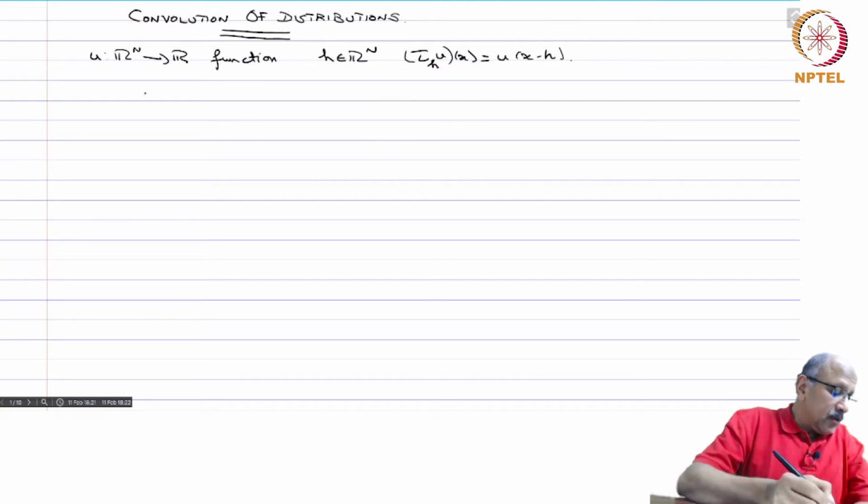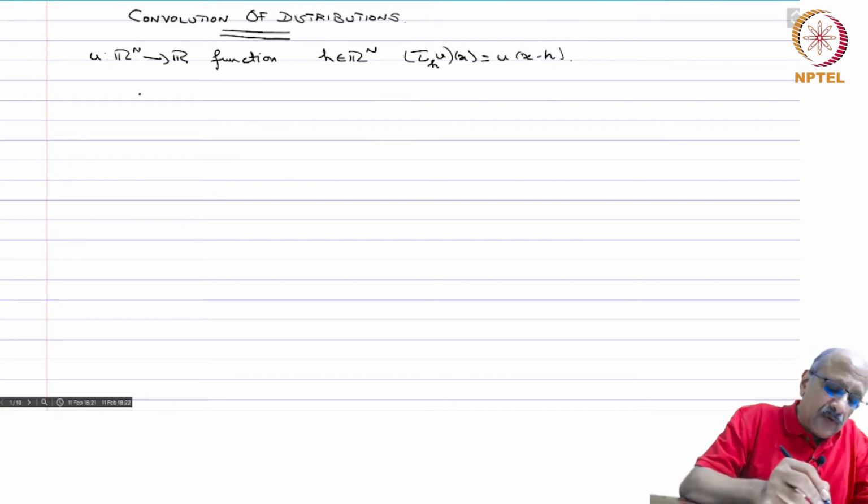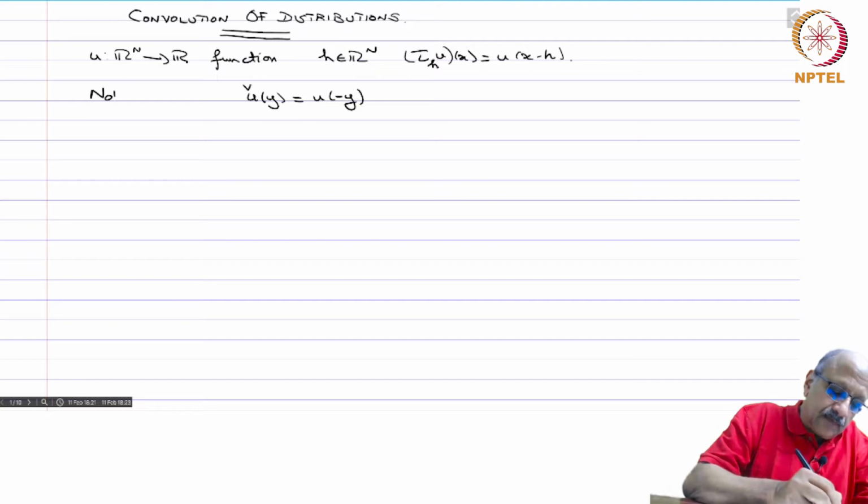Okay. So, from this you can easily follow the following relations. And now we define another notation, namely u chesh, the inverted hat, of y is u of minus y.